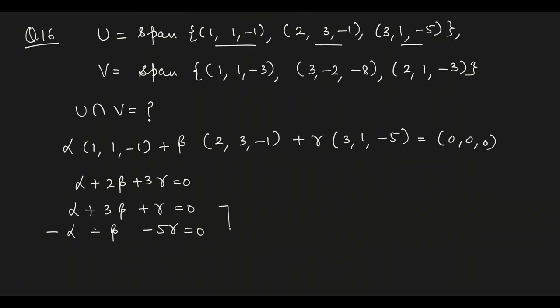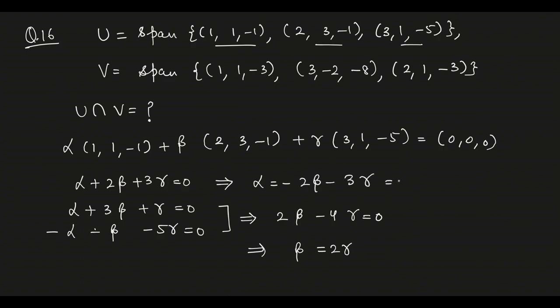Now if I add these two equations, I will get 2 beta minus 4 gamma equal to 0. Means beta is 2 gamma. And from here I can find alpha: minus 2 beta minus 3 gamma, so minus 4 gamma minus 3 gamma. This is minus 7 gamma.